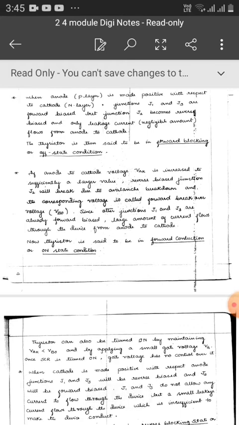Now the thyristor is said to be in the forward conduction or on state. Thyristor can also be turned on by maintaining the anode cathode voltage less than the breakover voltage and by applying a small gate voltage VG. Once the SCR is turned on, the gate voltage has no control over it.